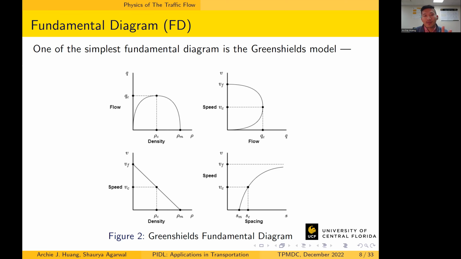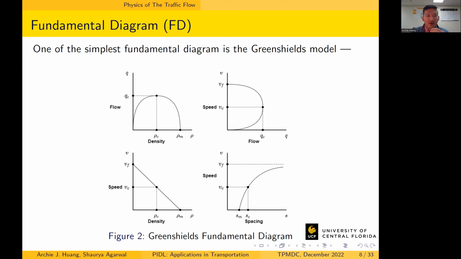And I think as soon as you see this linear relationship, which is depicted in the lower left subfigure between speed and density, and you see that as the density increases, your speed gradually decreases, we know that's the Green-Shields fundamental diagram.